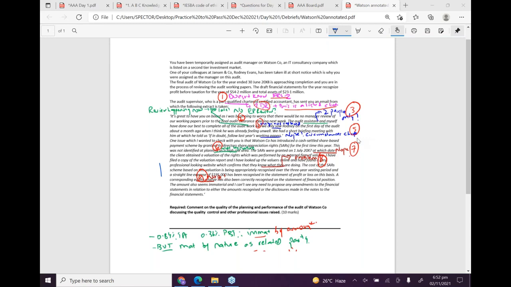Just bear with me for a minute. I'm just going to open up a blank Word document. Just a minute. I'm still here, just trying to type up this thing.